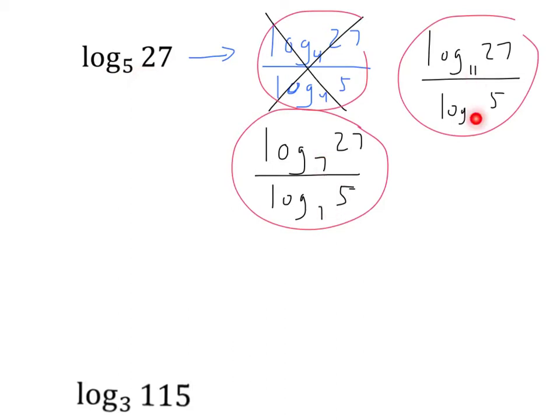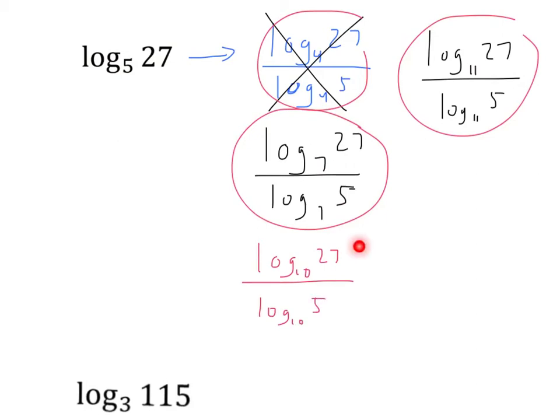But let's think about a smart way to do this. If we really want to calculate what this is, we're going to need a calculator, and what we can do is use the common logarithm, because most calculators automatically use a base of 10. So we could change that to be the log base 10 of 27 divided by the log base 10 of 5.